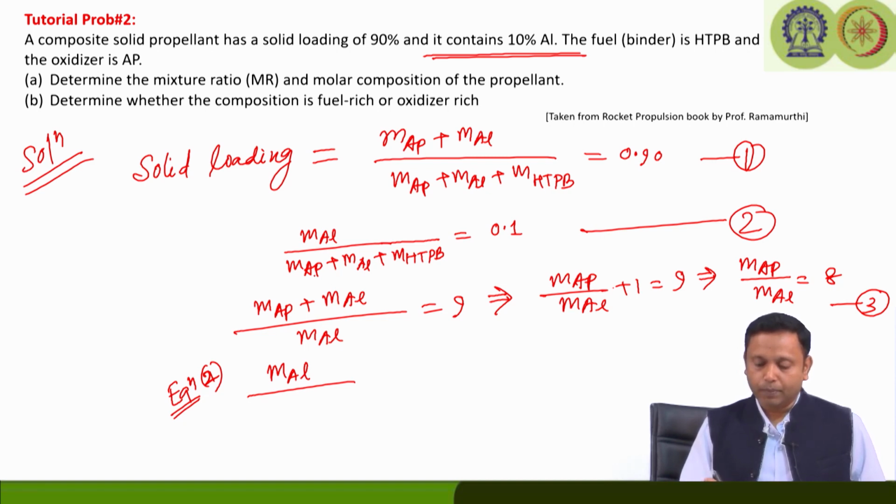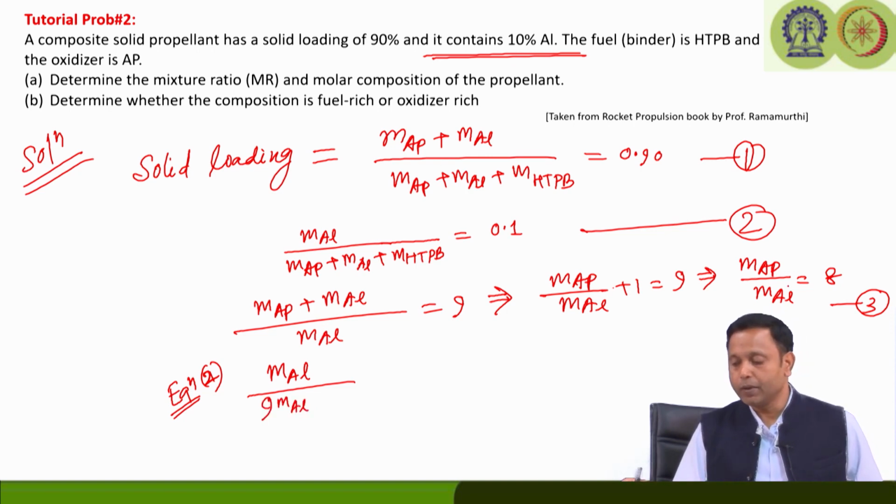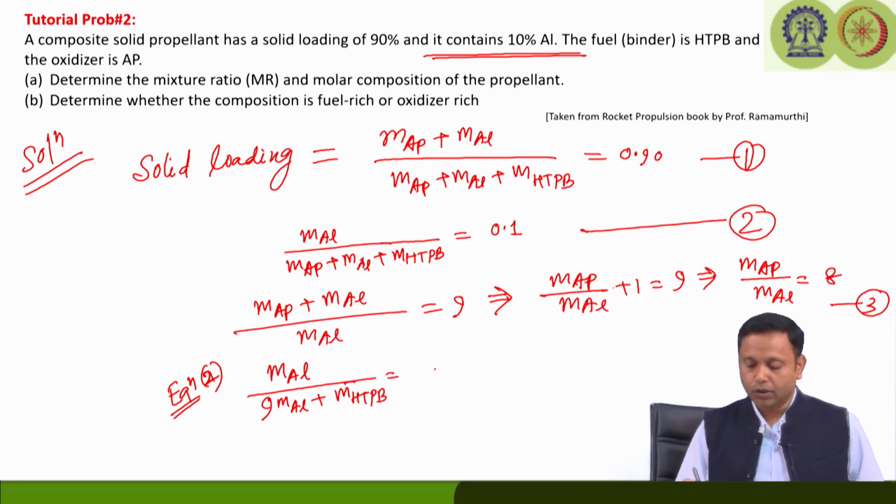So, mass of AP plus mass of aluminum will simply become 9 times mass of aluminum, because 8 times is the mass of ammonium perchlorate with respect to mass of aluminum. So, we are just writing in terms of mass of aluminum plus mass of HTPB, which is given as 0.1 from equation 1.